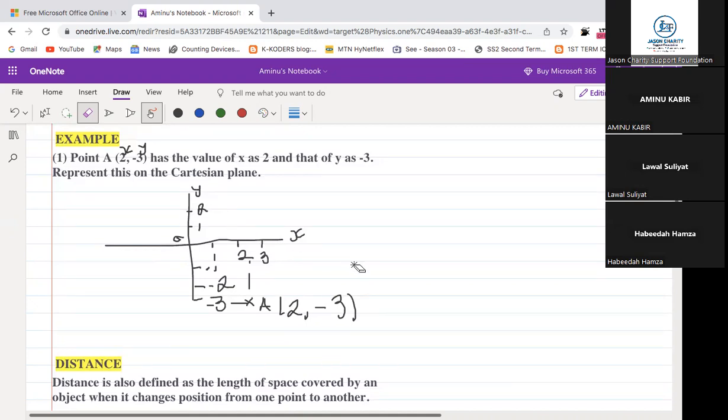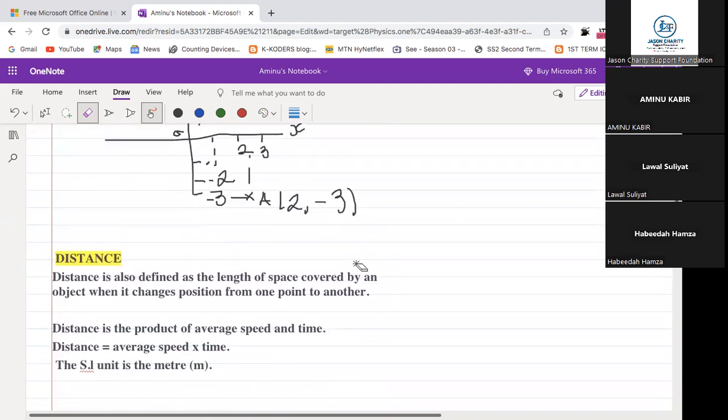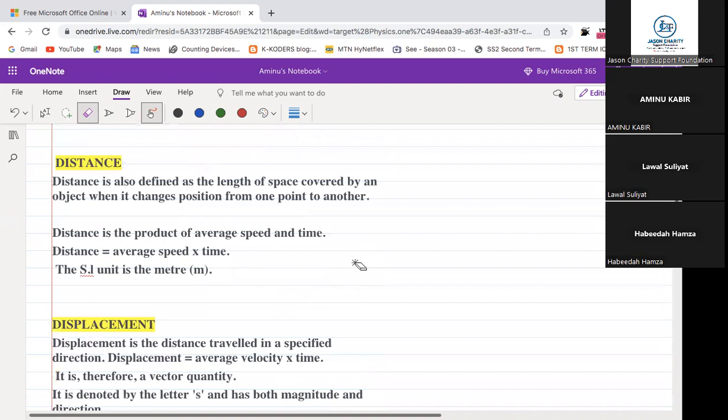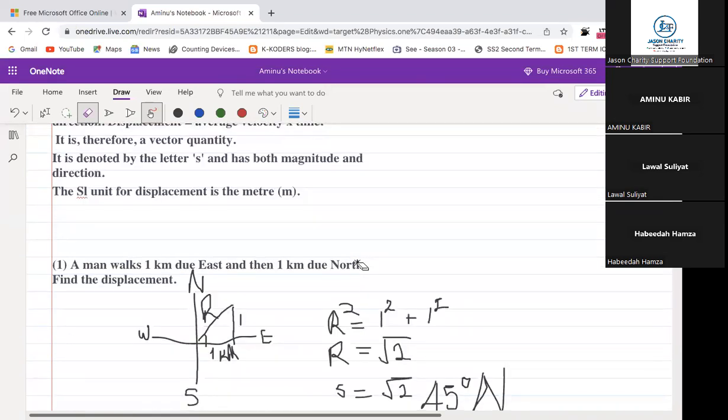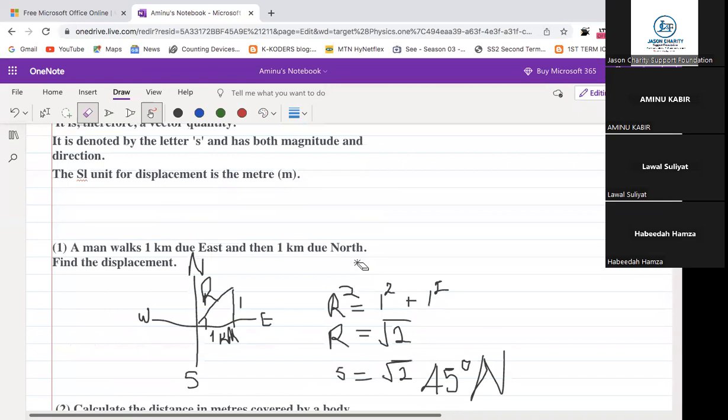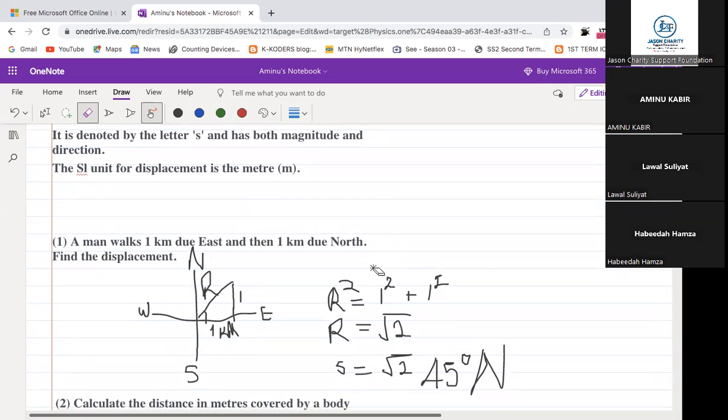Then we also mentioned that displacement is simply distance in a specified direction, and it's a vector quantity because it has both magnitude and direction. Then we solved an example that says a man walks 1 kilometer due east and then 1 kilometer due north, and we were asked to find the displacement, which we did.